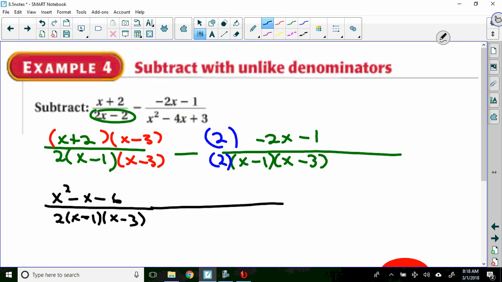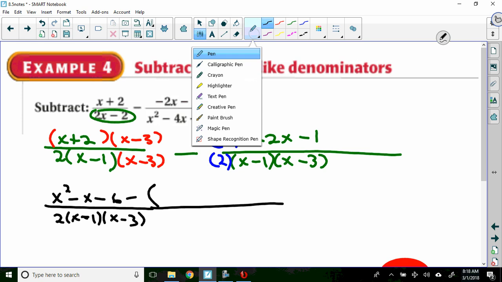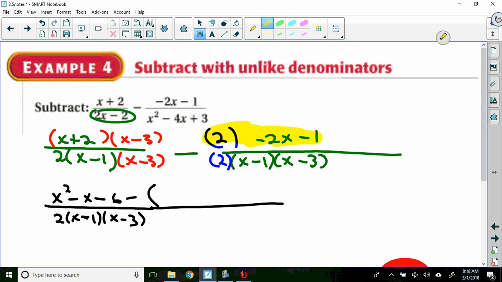And here's where things get messy. Here's where subtracting's not fun. I'm going to be subtracting all of the stuff that results from multiplying this out. So I'm going to put that stuff in parentheses. So if I multiply 2 times that negative 2x minus 1, what's that going to give me? Negative 4x minus 2. Good.